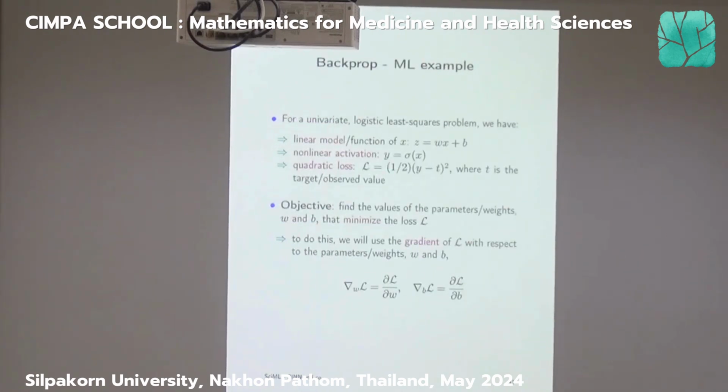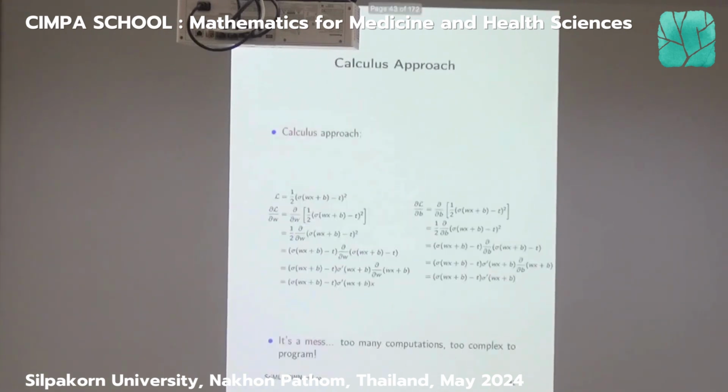And then, there are some examples. You can have a look at some simple examples with that now. I can show you that if you do it by calculus, it becomes very messy very quickly. I took this function, sigma times wx plus b minus t.